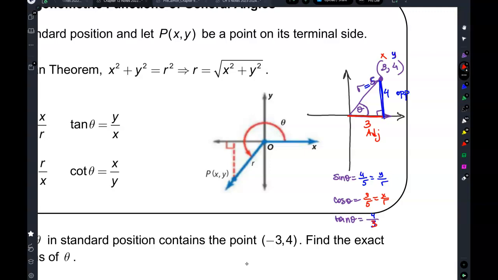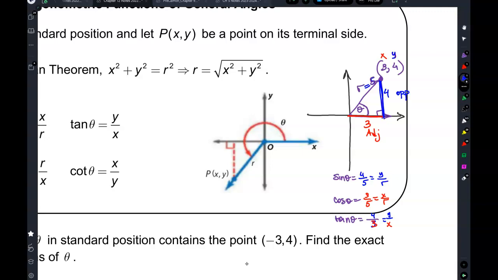And the tangent? y over x. If I change the numbers from 3, 4 to something else, 7, 9, would you be able to do it the same exact way? Absolutely. It is all dependent on the x coordinate, the y coordinate, and then r.